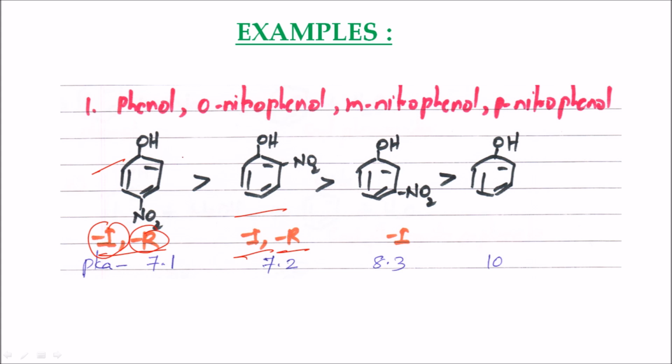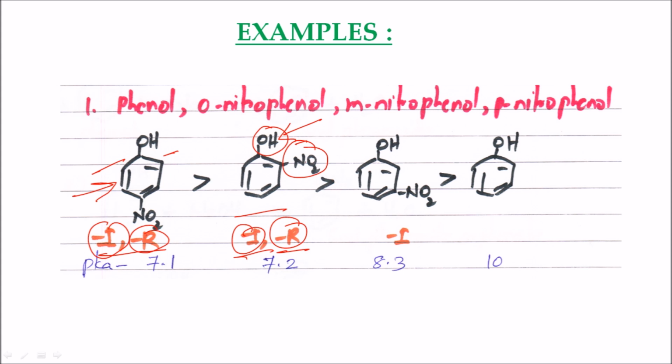Now how to select among these two, para-nitrophenol and ortho-nitrophenol? I have taken para as more acidic in nature, not ortho, but they have the same electron displacement effects, minus I and minus R. So remember, para is more acidic than ortho because in ortho-nitrophenol we have this NO2 and this OH. The hydrogen of this hydroxy group is involved in intramolecular hydrogen bonding.